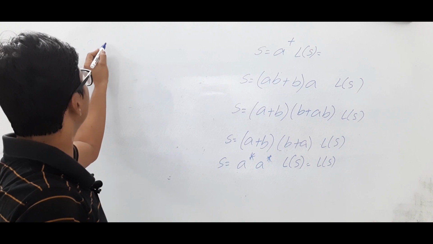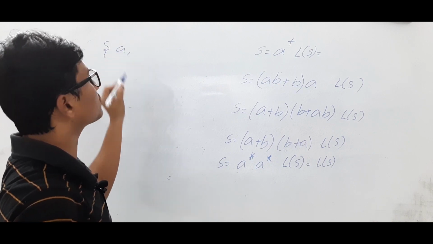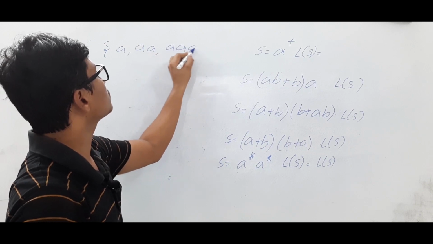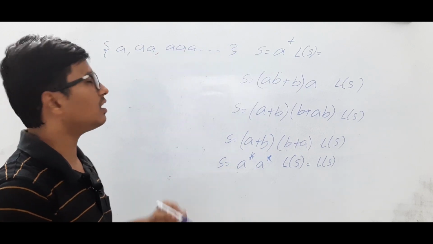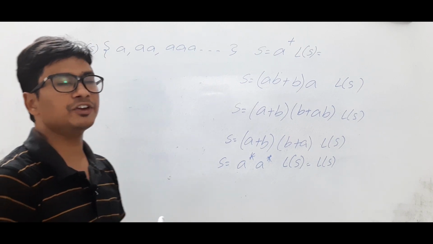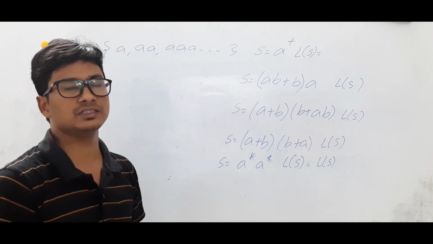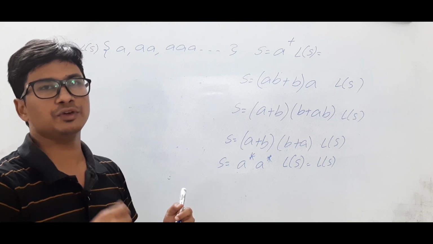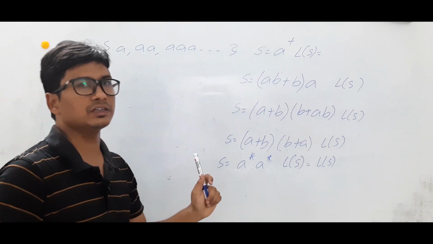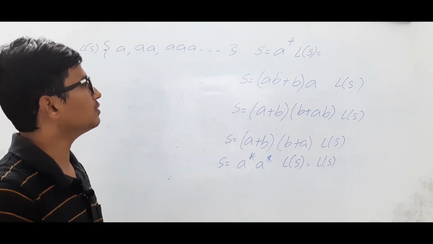It consists of strings whose length is 1, 2, 3, and so on. So these are the strings possible in the language. The only difference between Kleene closure and Kleene plus is that if you remove the epsilon from Kleene closure, you will get Kleene plus. So it is not a universal set, whereas Kleene closure is a universal set.